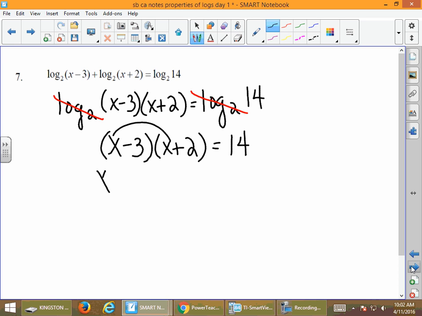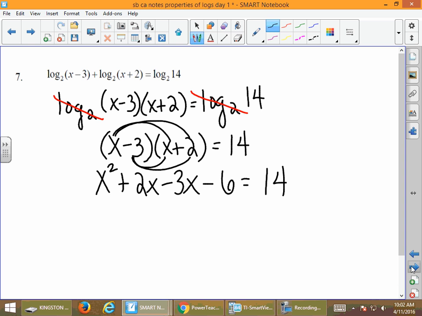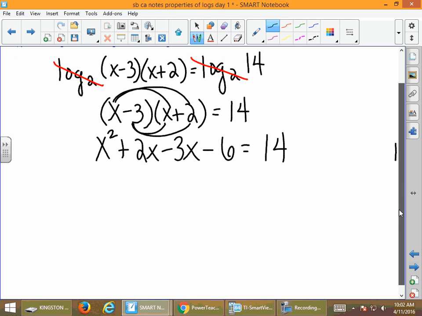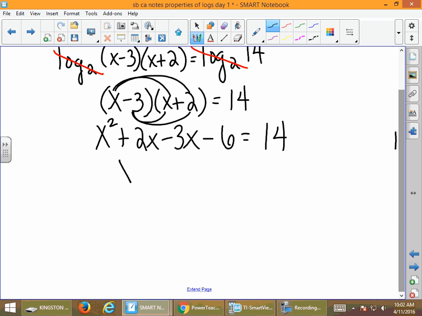And we get x squared plus 2x minus 3x minus 6 is 14. If we simplify that, we have x squared minus x minus 6 equals 14.